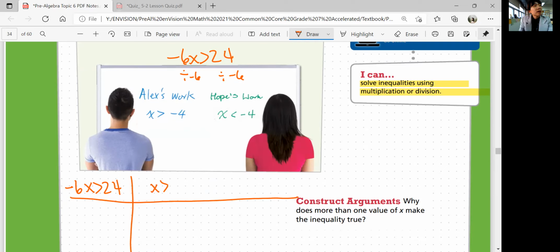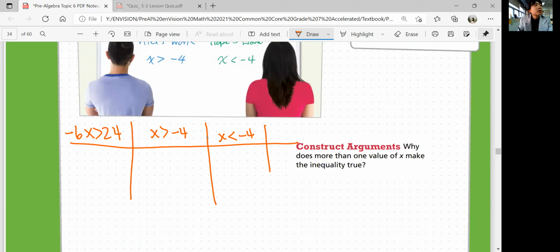Alex is x greater than -4. Hope is x less than -4. And if x is 1, then you plug in 1 here, and -6 is greater than 24. That's not correct.